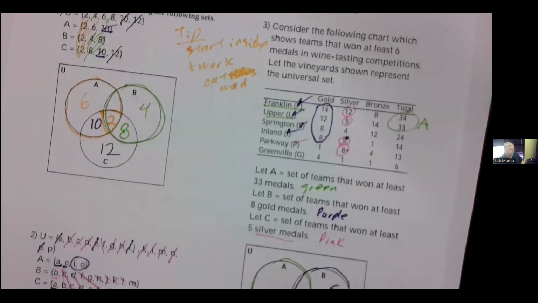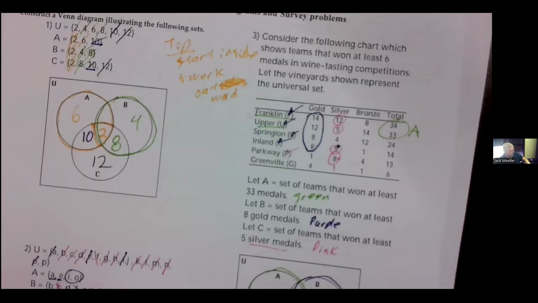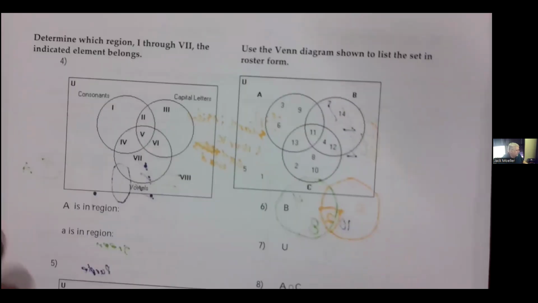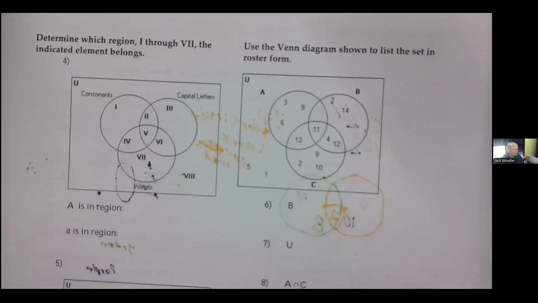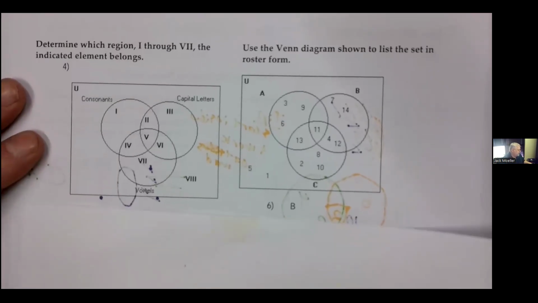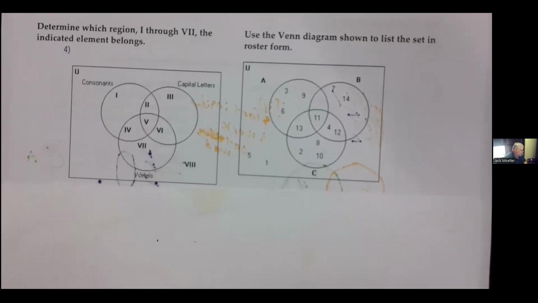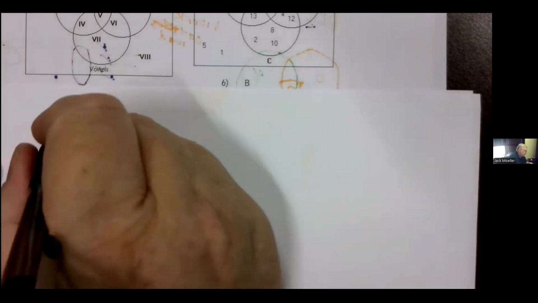Okay. So if you're still a little iffy on that, now let's talk about our regions. Just like with the 2 set Venn diagrams, we label our regions. Let's go through and describe each one of those.